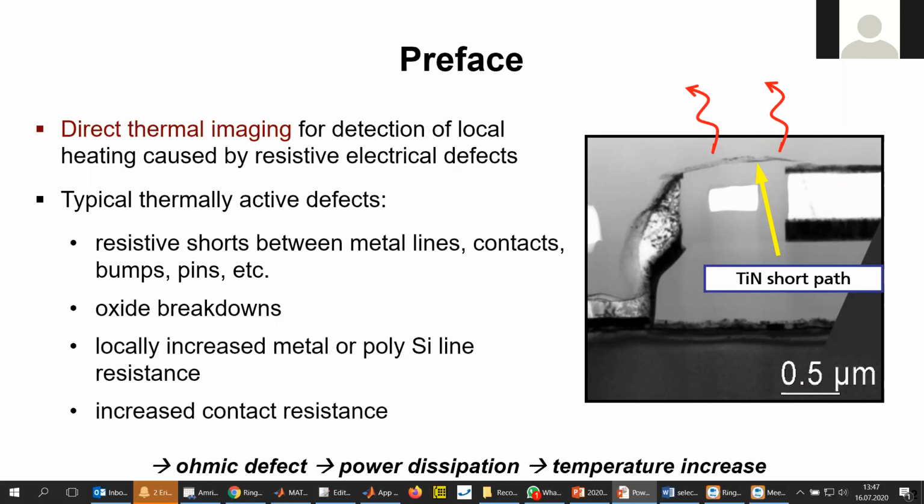It can be locally increased metal or polysilicon line resistances or increased contact resistances. In any case, we have to have an ohmic defect in which electrical power is converted to thermal energy, and that leads to a local increase of the temperature.